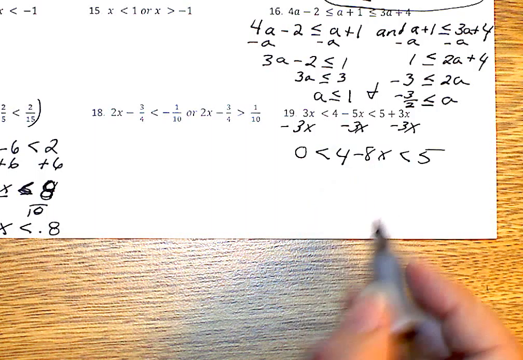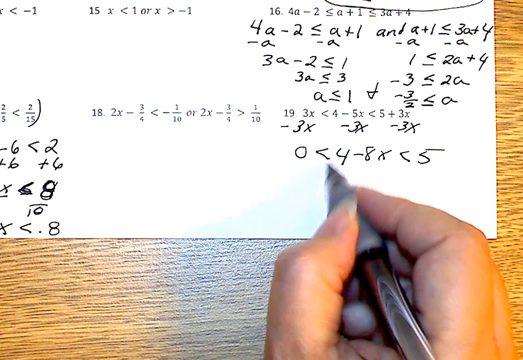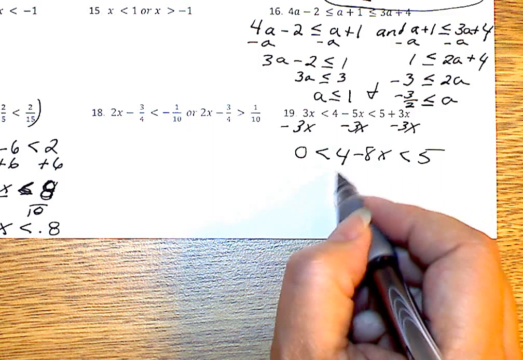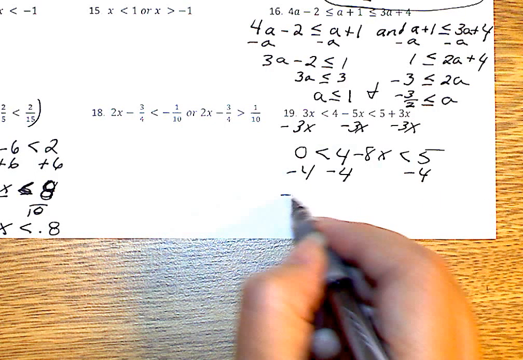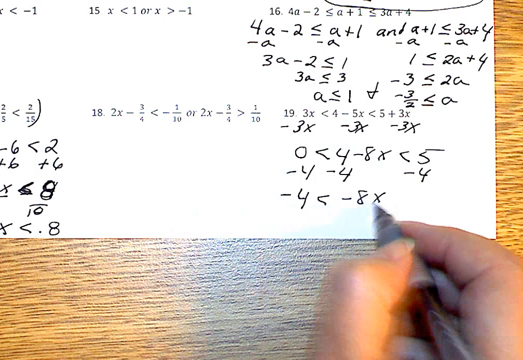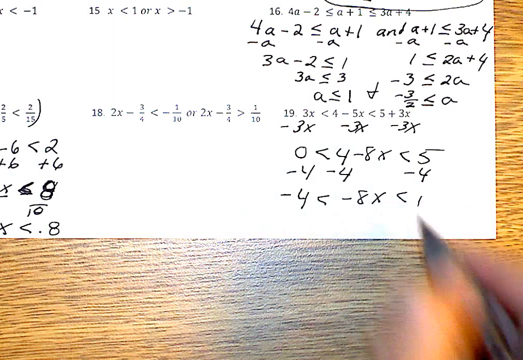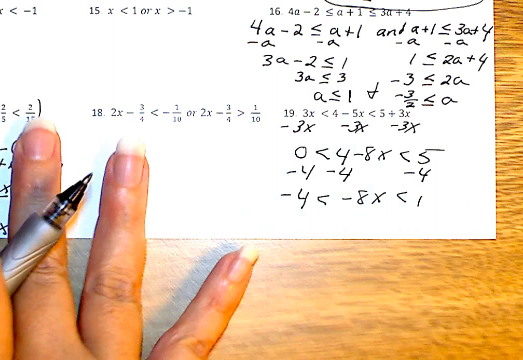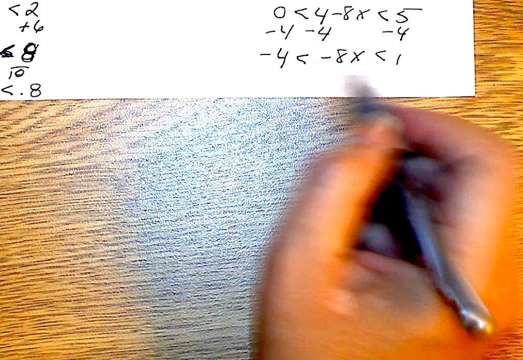What's the next thing I want to do? Subtract 4, that's right. So I have negative 4 is less than negative 8x, which is less than my 1. And the last step is to divide by a negative 8. When I'm dividing by a negative 8, it's going to flip that sign.